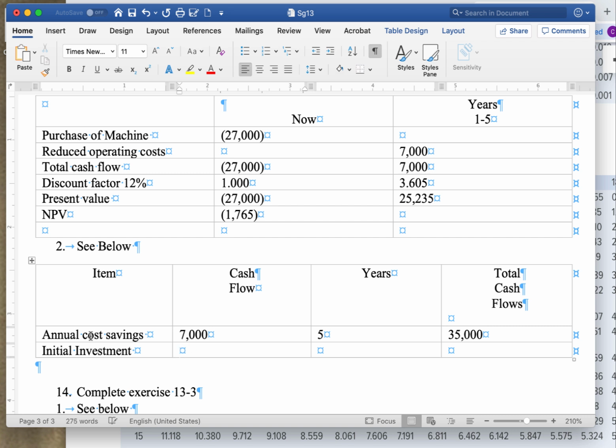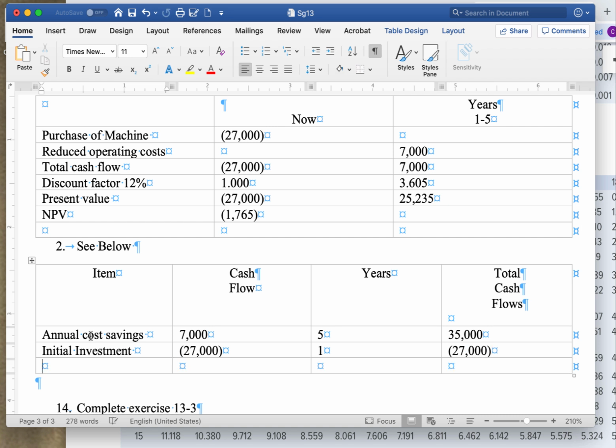It's only going to happen once, so I have 27,000 as my total cash outflow. Sorry guys, I forgot to put another row, so just hit tab, and we can see that the difference between these two, the net cash flow, is going to be $8,000.